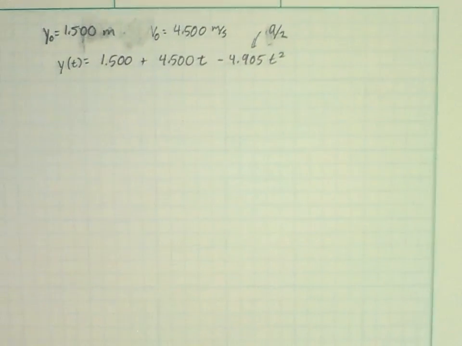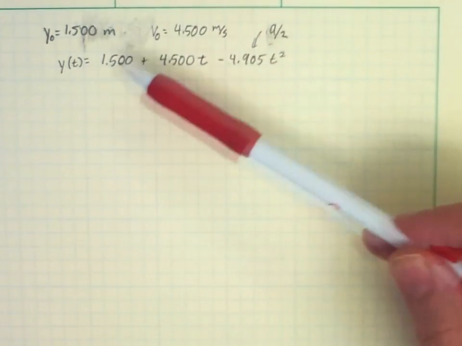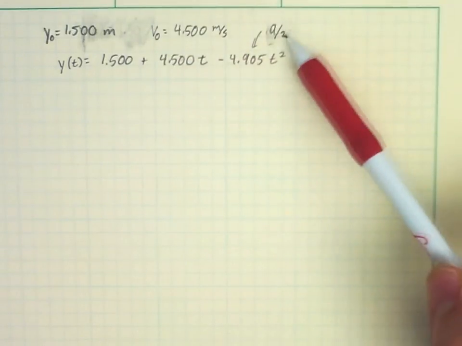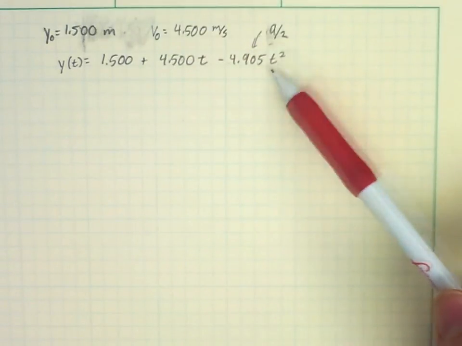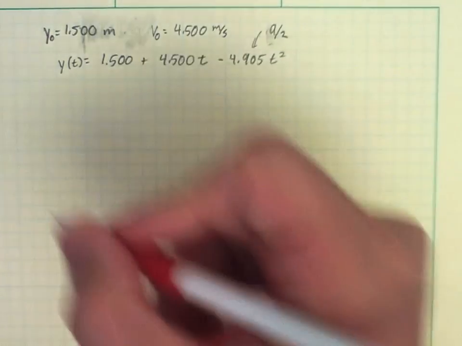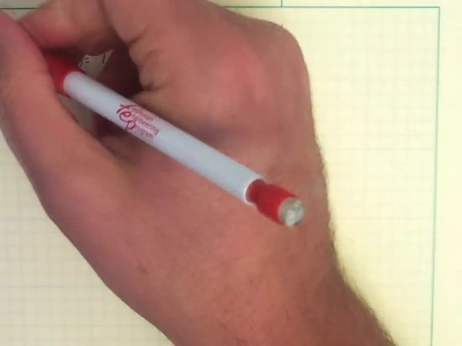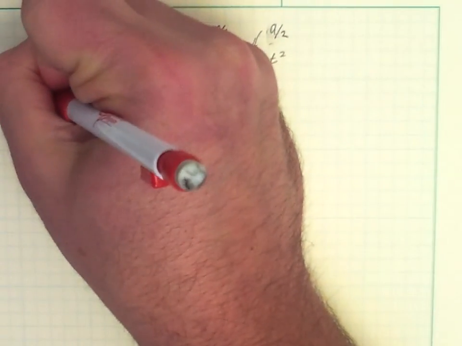And so if we follow along with what the physics friend did, he took our initial height, our initial velocity, and then we still use the acceleration due to gravity, half of that there, is how it adjusted our equation. And so what we want to determine in part G is velocity as a function of time.